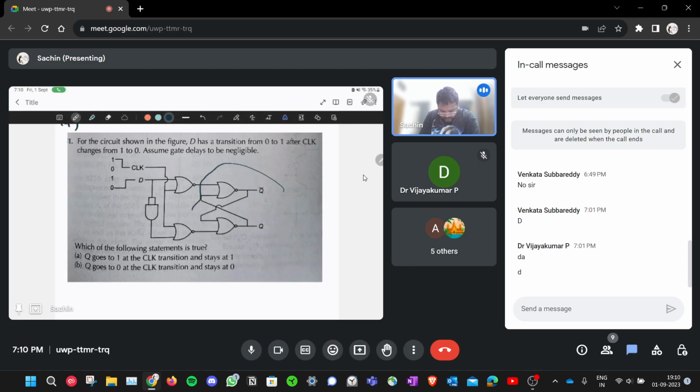Only this portion is an SR latch. I was mistaken earlier. So there's one more stage before that. So this portion is an SR latch. Is that right? Let me check the notes.